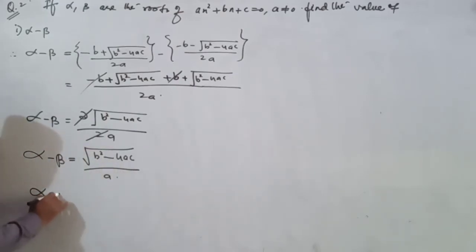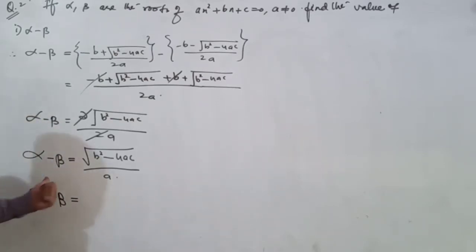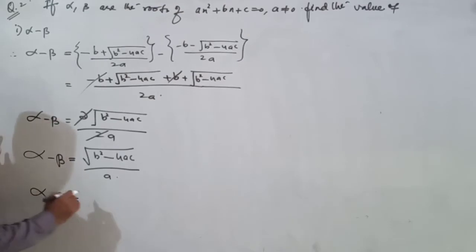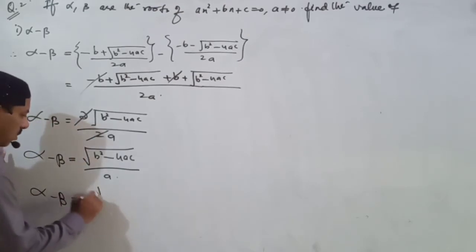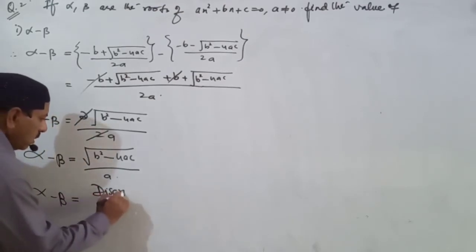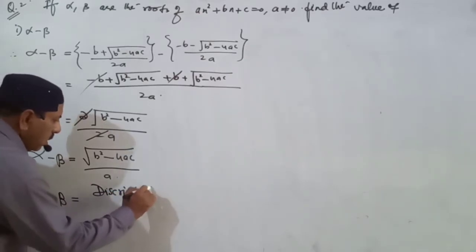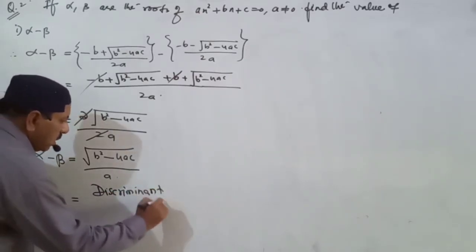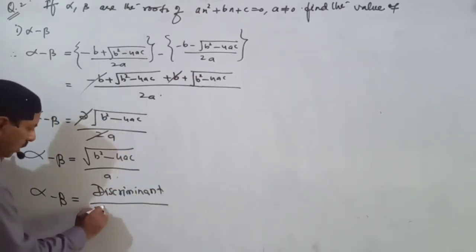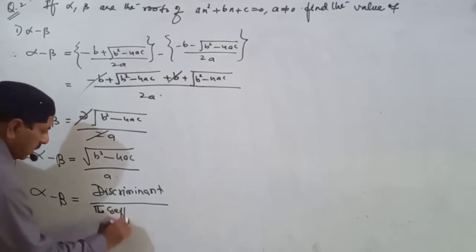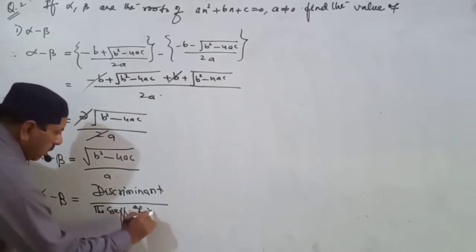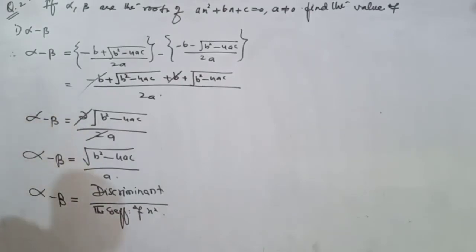So alpha minus beta is the difference of roots. Already we have found the sum of roots and the product of roots, and now the difference of the roots, alpha minus beta. Alpha minus beta is equal to the discriminant upon the coefficient of x square.